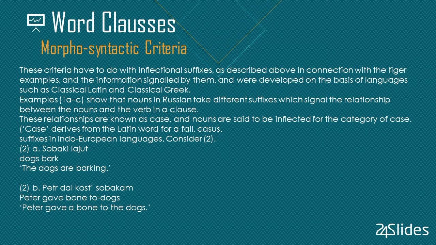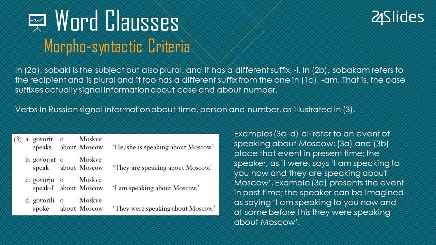Consider 2a: sobaki layut, dogs bark, the dogs are barking. 2b: Peter dal kost sobakam, Peter gave bone to dogs, Peter gave a bone to the dogs. In 2a, sobaki is the subject but also plural, and it has a different suffix.